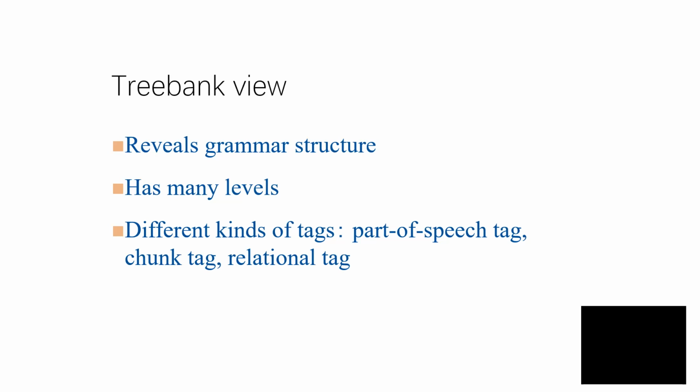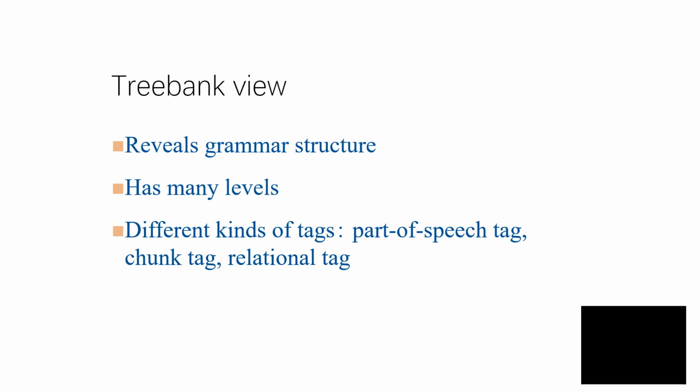Sometimes we can regard several words in the sentence as a chunk, and there are some levels in the middle for the chunk. In this tree bank view, we have different kinds of tags. These tags can indicate the grammar structures of part of the sentence.